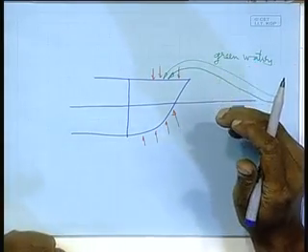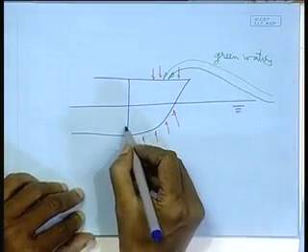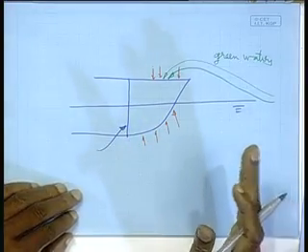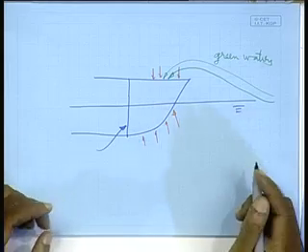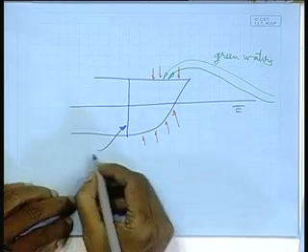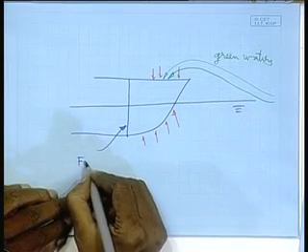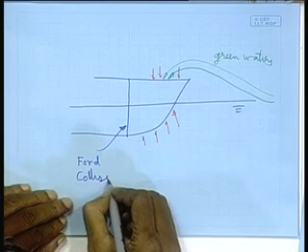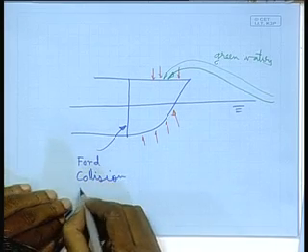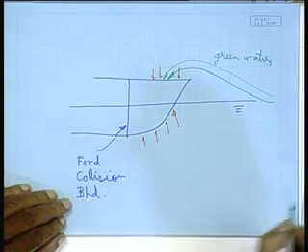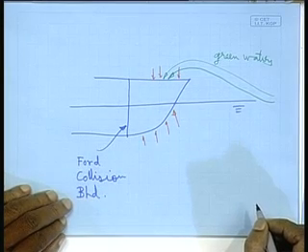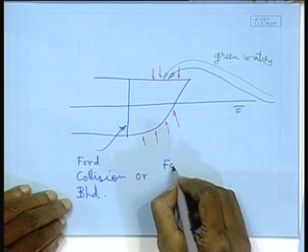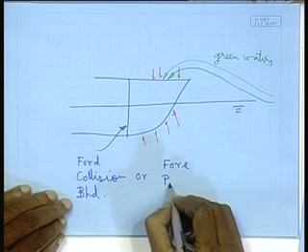And the second aspect is, as you know, this particular bulkhead, this is the forwardmost bulkhead. It is referred to as, I have told this, do you recall? Forward collision bulkhead, or also referred to as fore peak bulkhead.